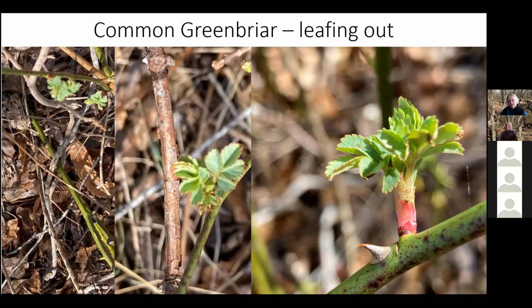Mice will also eat the fruit. They hang on the greenbrier late into the winter. So they're feeding late in the winter when other things aren't available. It is a native plant, and as long as you can control it in your yard and control it where you want to, don't malign it too much. But those thorns can hurt.